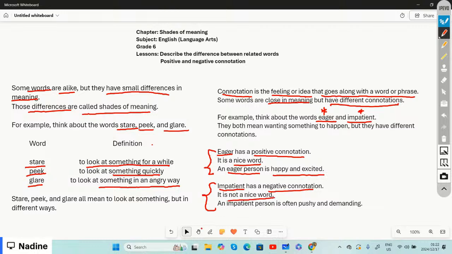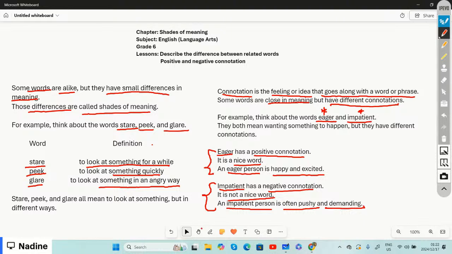And the reason why we say that impatient has a negative connotation, meaning that it does not have a nice word, then it means that an impatient person, so if you classify yourself as being impatient, is often pushy or demanding, and that is not nice.